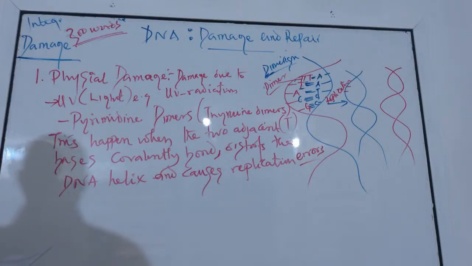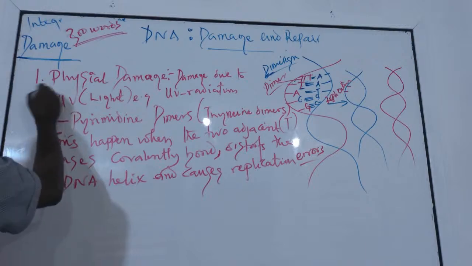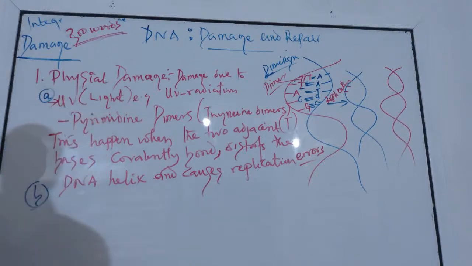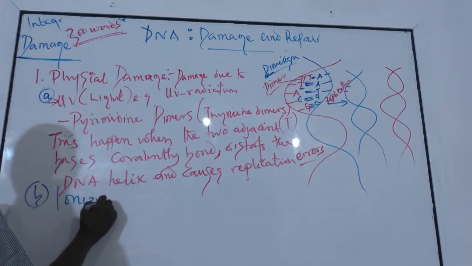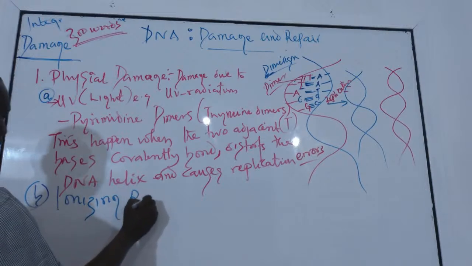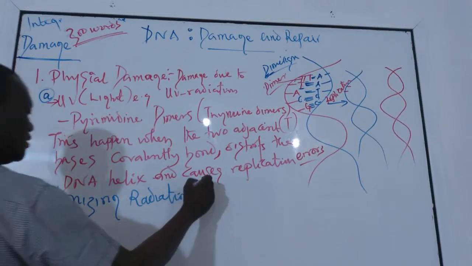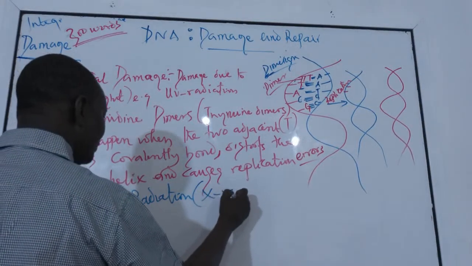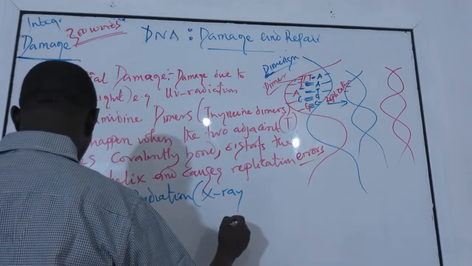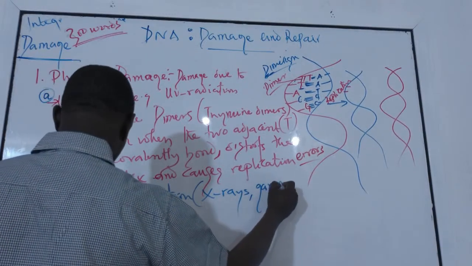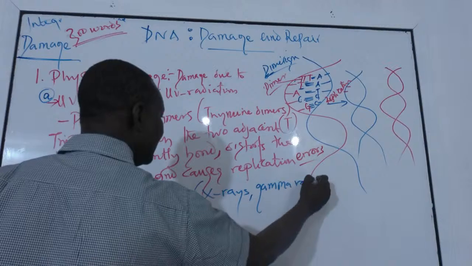Now, that is the one that is due to UV light. The B, that is under physical damage, is the one that is due to ionizing radiation. When we talk of ionizing radiation, we are referring to X-rays and gamma rays.